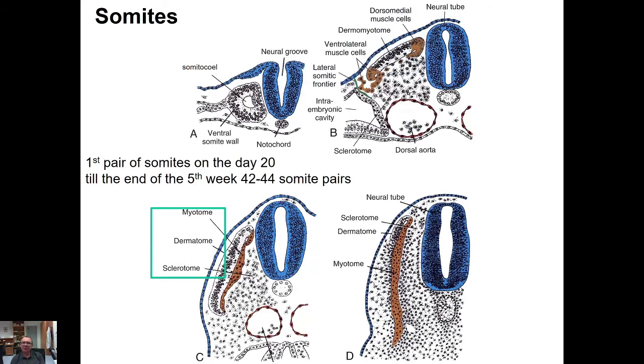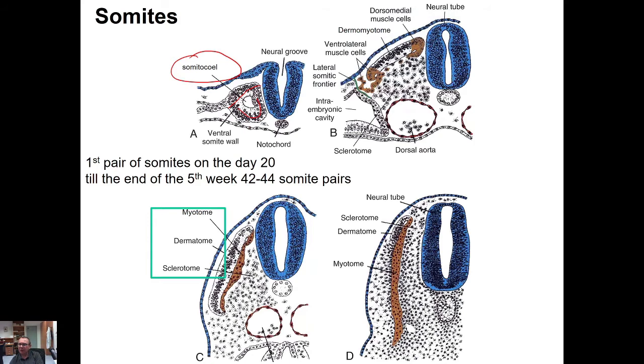There is a cavity in the center of the somite, which is called somitocoel. Sometimes some special cells are found in the cavity. Sometimes this cavity is described as free. It's not so clear. The whole somite then resembles something like a donut and has a laterodorsal wall and ventromedial wall.